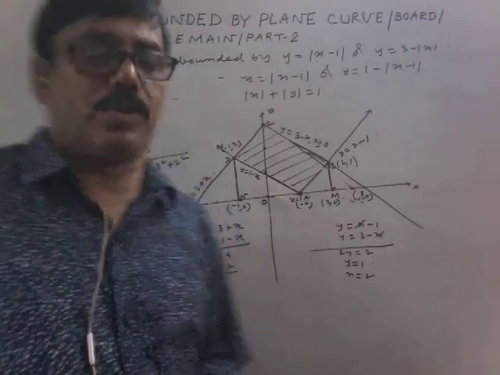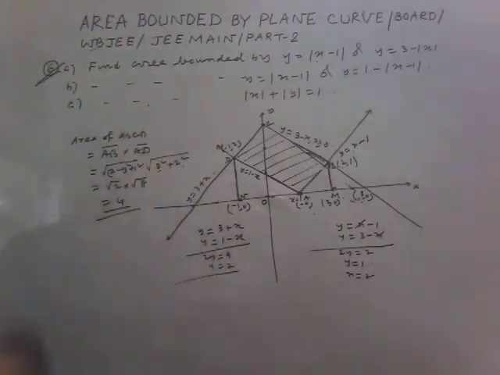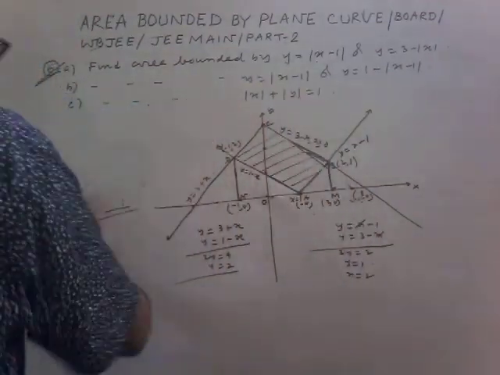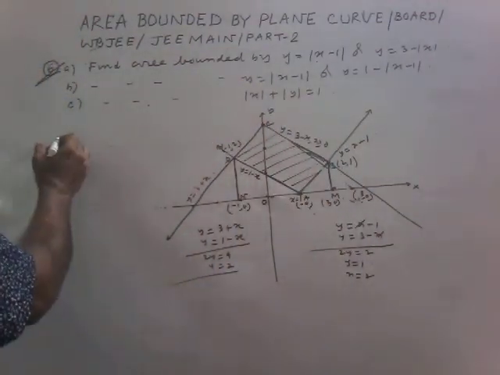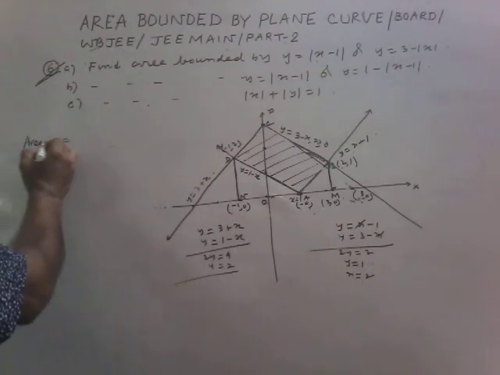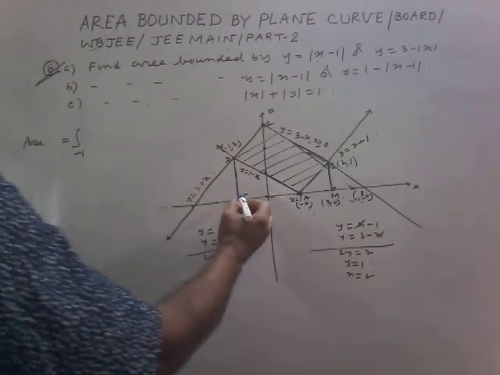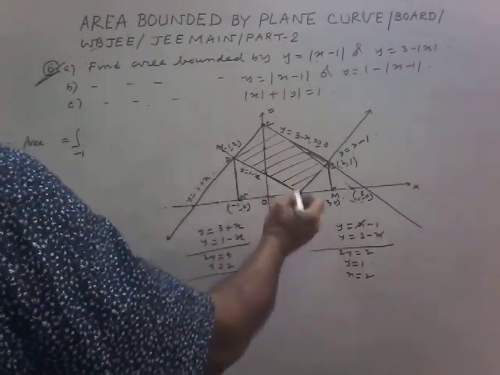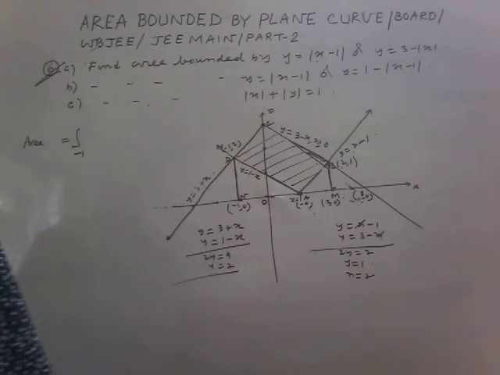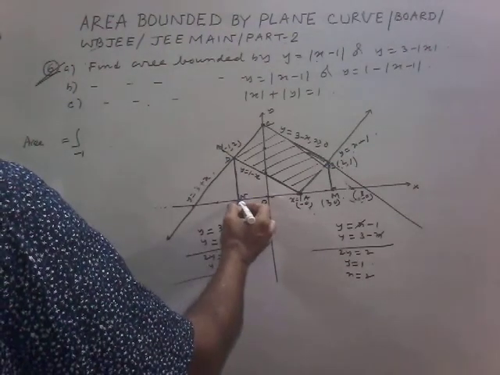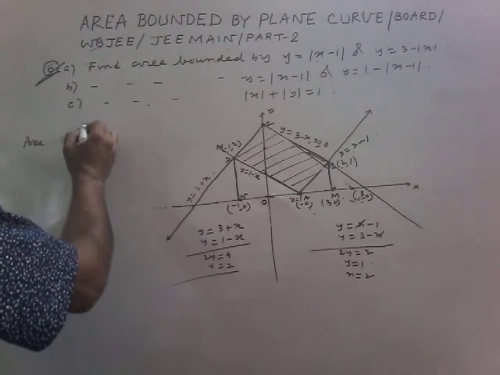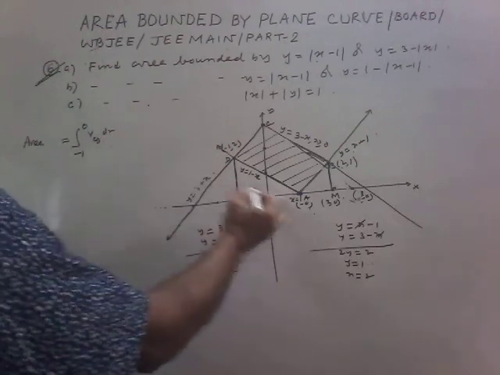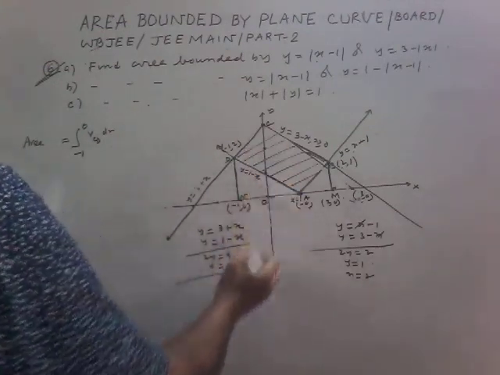If we use the rectangle and integration, what is the area? You look. So by integration, area of the shaded portion equals, from minus 1 to 0, y CD dx. That is this part.